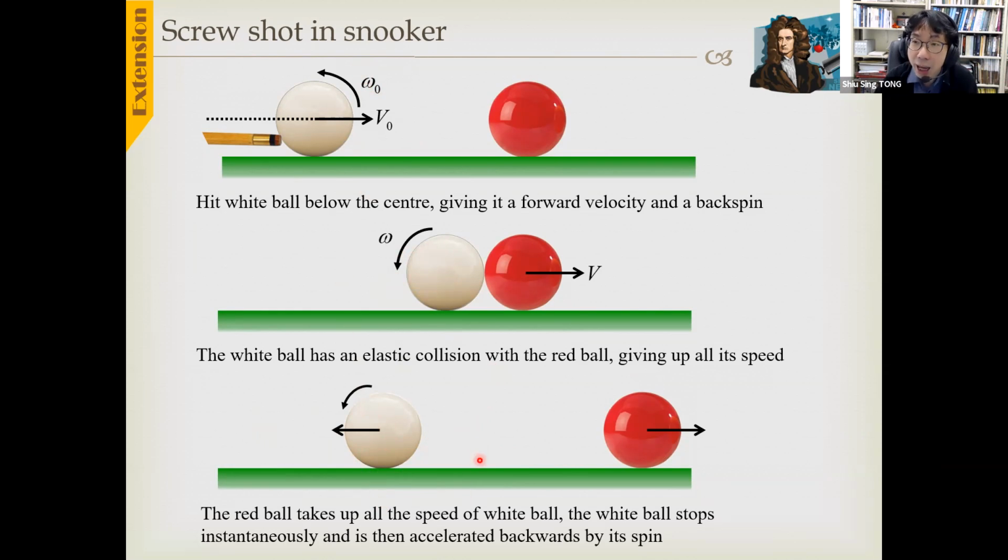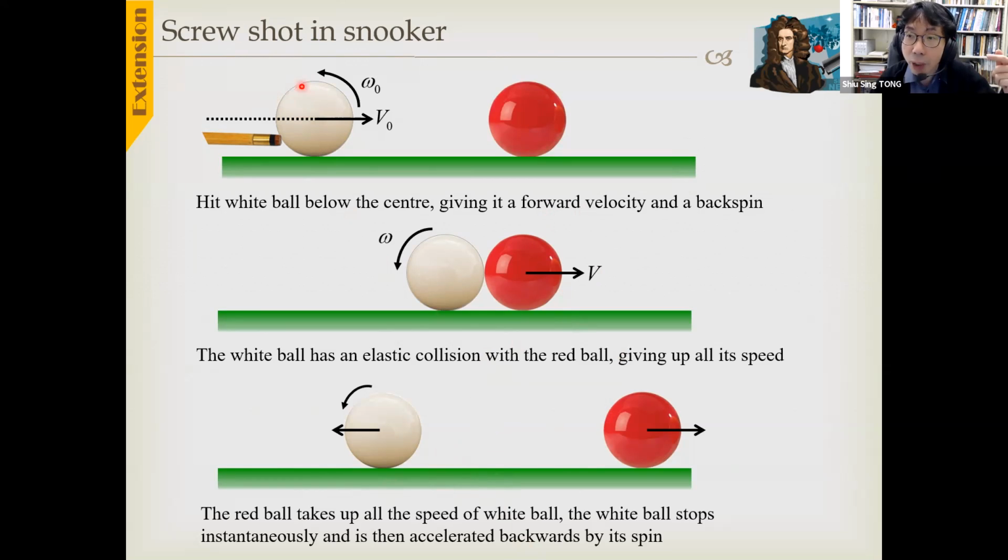A screw shot allows you to retrieve the white ball, to make it move backward after colliding with the red ball. So it will move to a favorable position for hitting another ball. So that is a way for you to control the motion of the white ball in snooker. So the white ball will be moving backward.